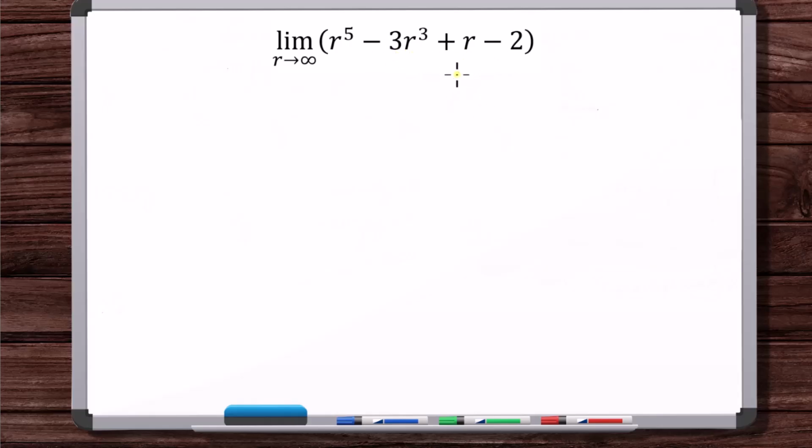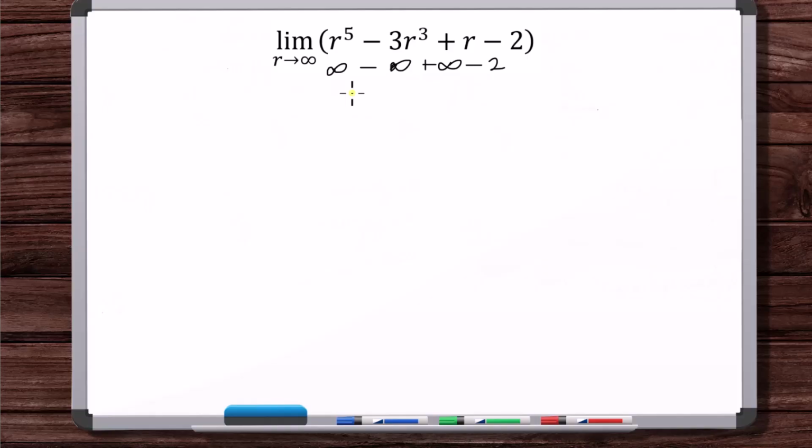The limit as r approaches infinity of r to the 5th minus 3r cubed plus r minus 2. So this is a polynomial, right? Now, if we plugged in infinity, we would get infinity to the 5th, then minus 3 times infinity is just infinity, then plus infinity, then minus 2. So with this infinity minus infinity, all of this looks like you would say it's indeterminate, right?